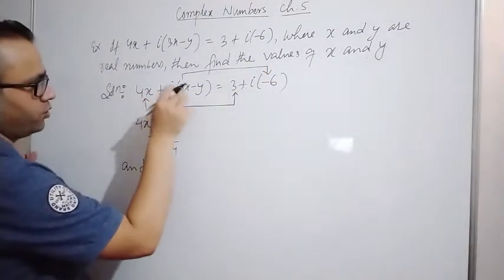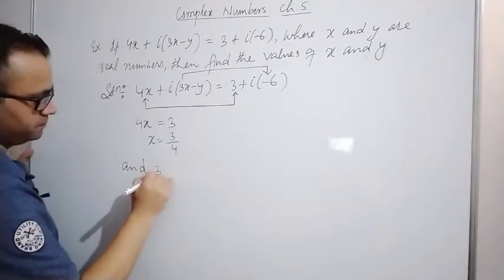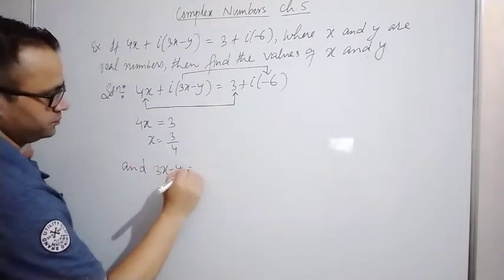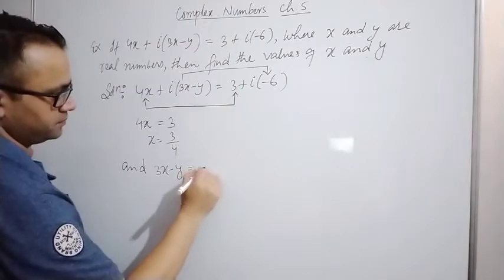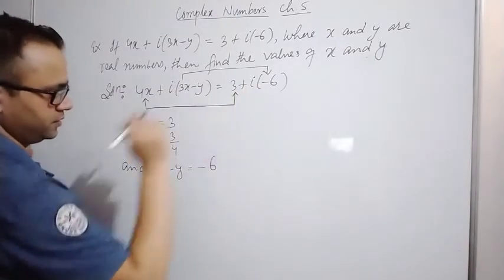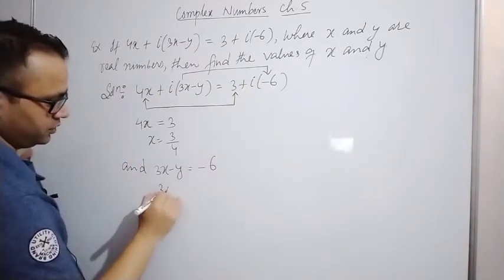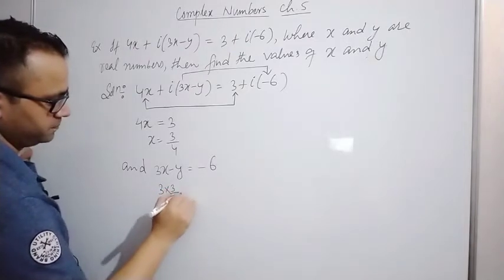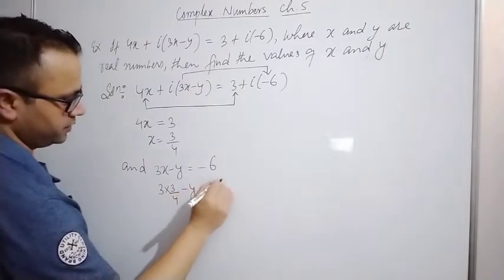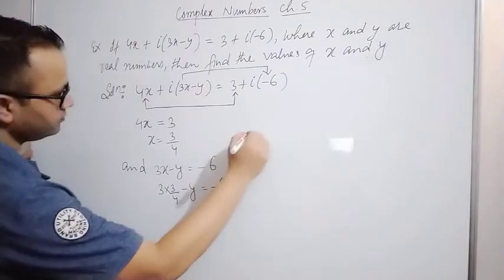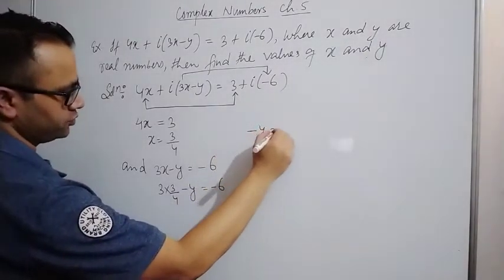So here the coefficient of i is 3x minus y. In the right-hand side, the coefficient of i is minus 6. So 3 into 3 by 4 minus y equals minus 6.